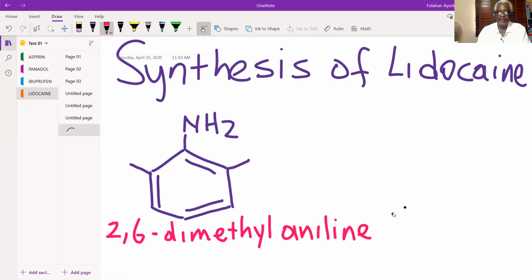And at this point we are going to react the 2,6-dimethyl aniline with another molecule.